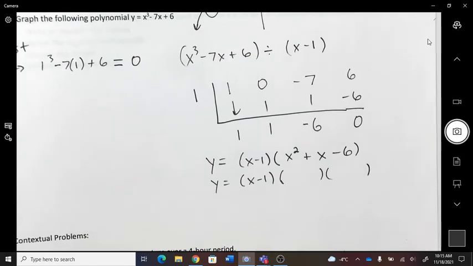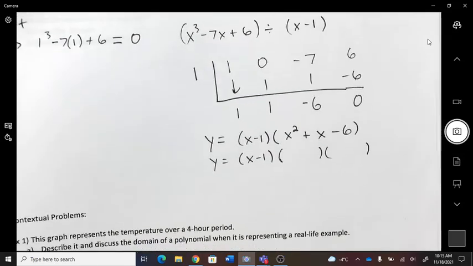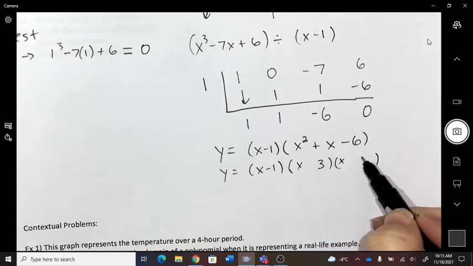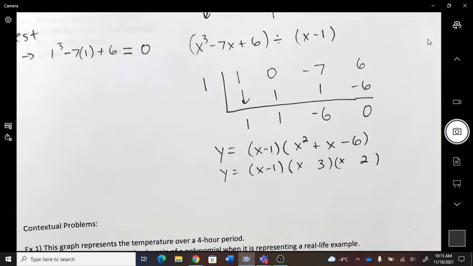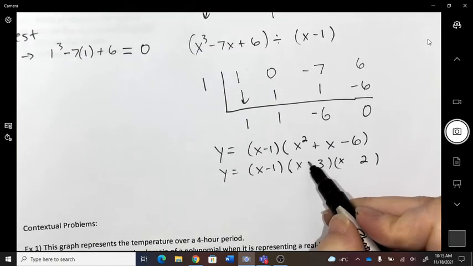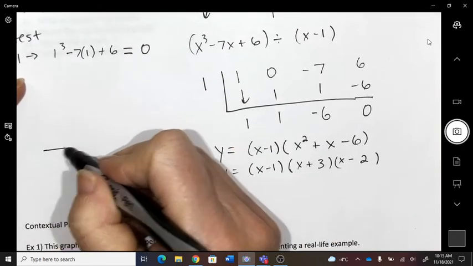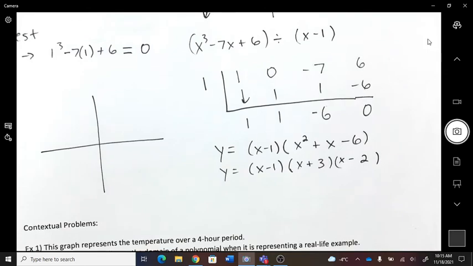Okay, that I'm going to break down by hand. Multiplies to 6, so 2 and 3. Add, subtract. And now I'm ready to graph.